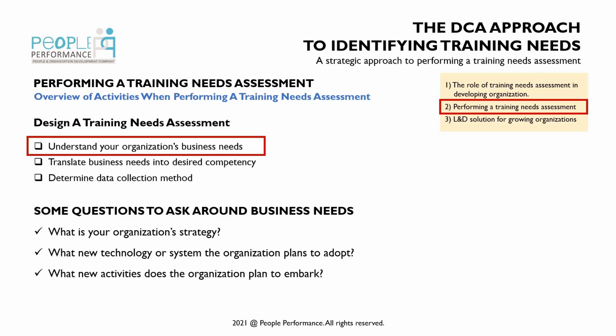Let's go into understanding your organizational business needs. Some of the questions you want to ask, not so much of your HR manager, but your senior leaders, or find some kind of document. This information is usually created by your senior leadership team, the C-suites, the top bosses. They usually will know this. What's your organization's strategy?